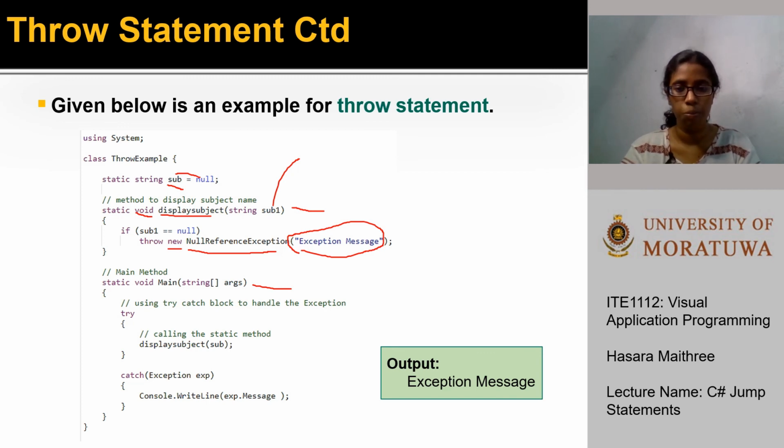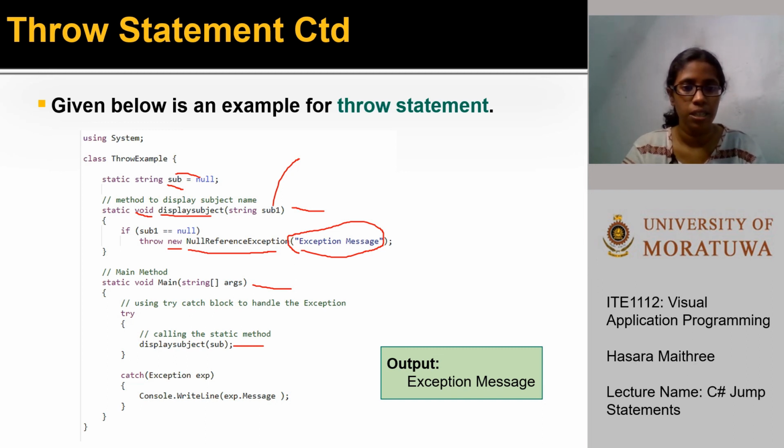Now let's see how the program control happens. It starts from the main method, and you can see that there is a try catch block. It calls this static method display subject and passes the parameter as sub, which is initialized to null.